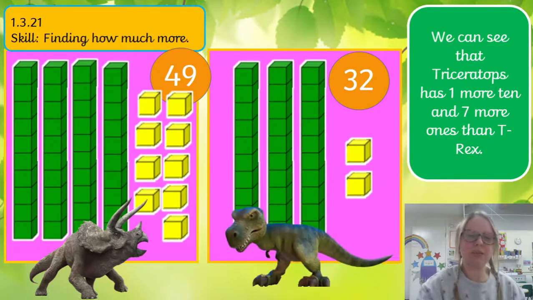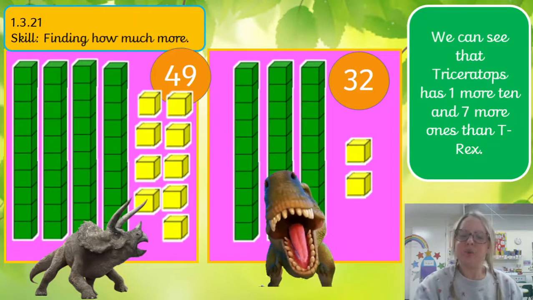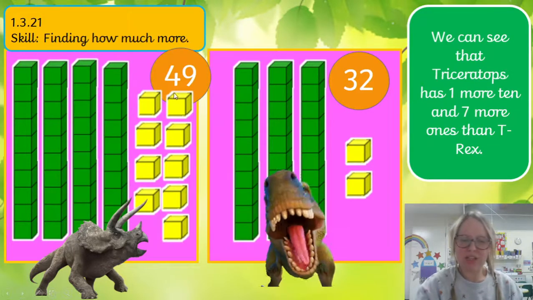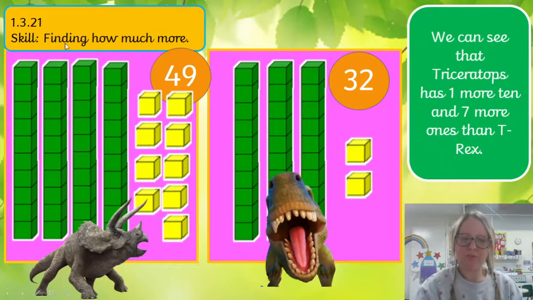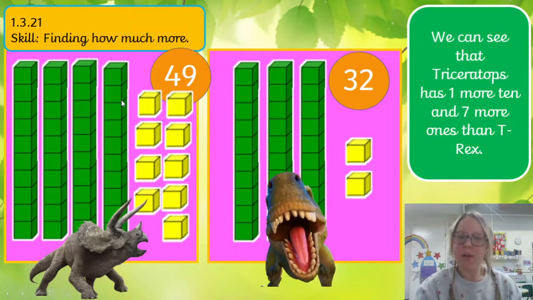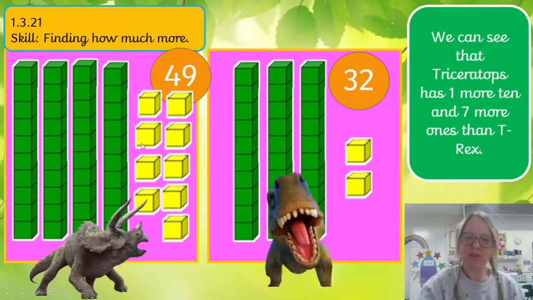Fantastic if you did. Okay, so we can see that Triceratops has got, how many more 10s has he got compared to T-Rex? He's got 1 more 10. Wow, but now, how many 1s? Yeah, there's quite a lot there, so we can't see very quickly.